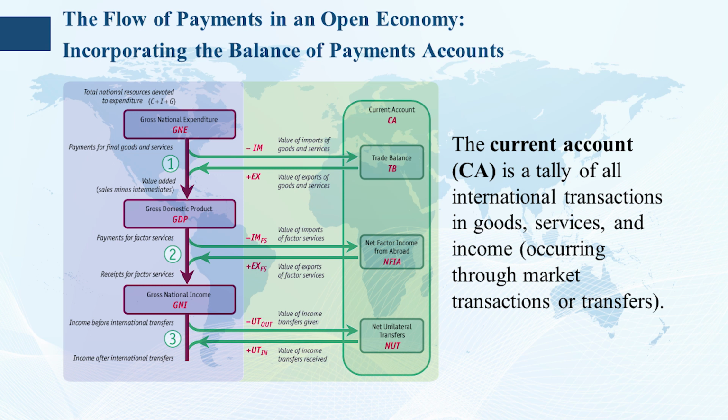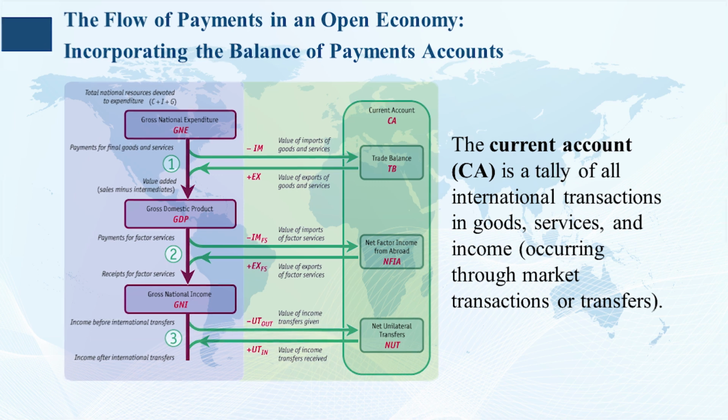The current account is not, however, a complete picture of international transactions. Resource flows of goods, services, and income are not the only items that flow between open economies. Financial assets, such as stocks, bonds, or real estate, are also traded across international borders.